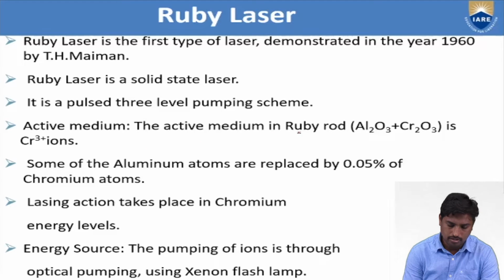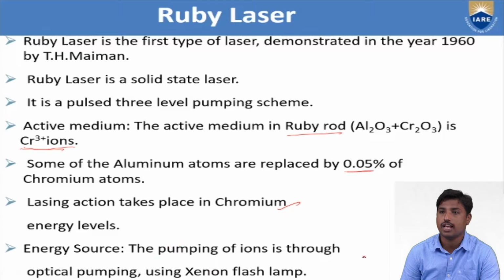The active medium is the ruby rod, but the active particles are only chromium 3+ ions. Some of the aluminum atoms are replaced by 0.05% of chromium atoms, which is why only chromium particles are responsible here. Lasing action takes place in the chromium energy levels. The energy source pumps the ions optically using a xenon flash lamp.